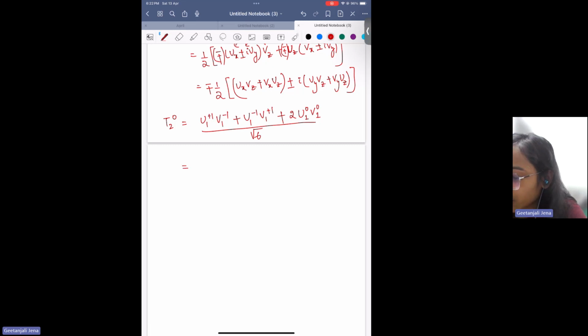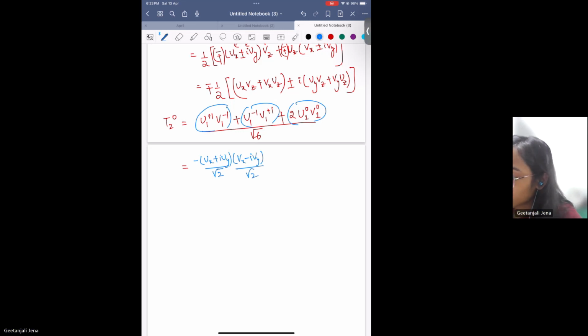So now you have to just put the expression for these individual terms. So u1 plus 1 is nothing but minus ux plus i uy divided by root 2, and v1 minus 1 is vx minus i vy divided by root 2, plus there will be minus 1 here for v1 plus 1.